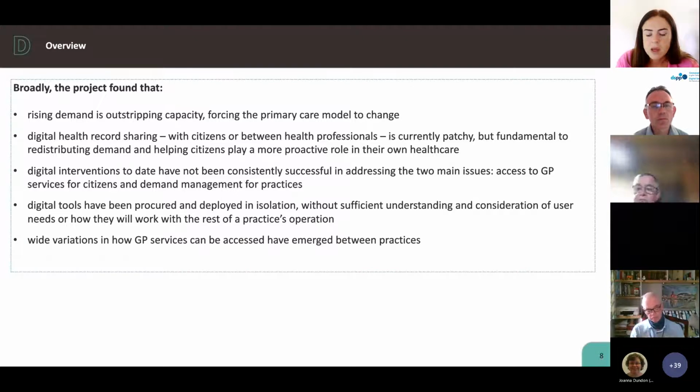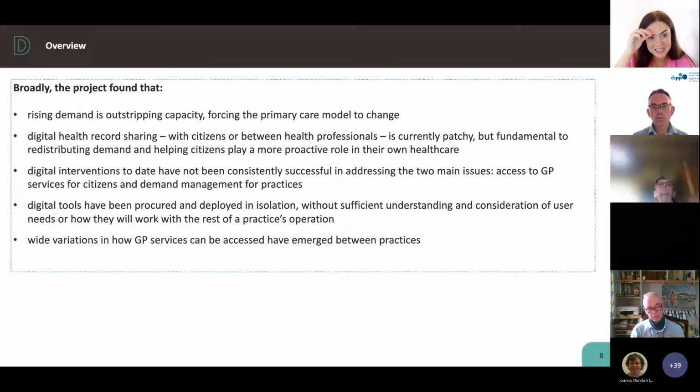And there's also been a flurry of digital interventions, like I said at the start, that has been driven by the pandemic. We found that these digital interventions have not been consistently successful in addressing the two main issues in primary care, which we feel are access and demand management. We found a lot of examples where systems don't integrate with existing systems.